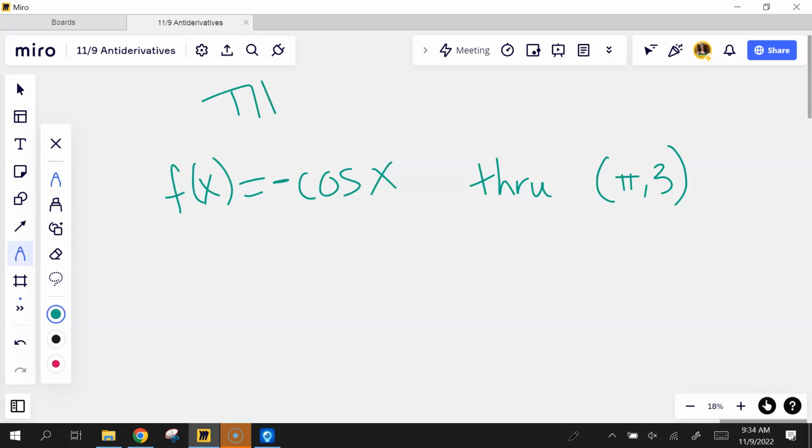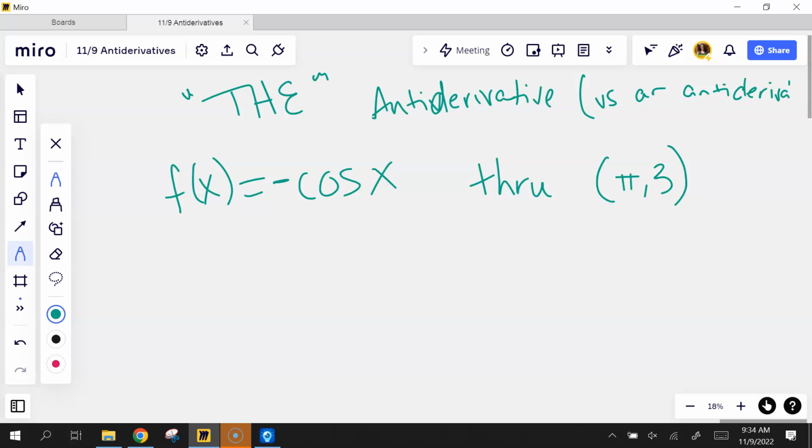This is the antiderivative, as opposed to an antiderivative. So if I'm asked to find the antiderivative here, and this is f prime of x, this time I'm finding f of x. Okay, see the difference? See how I'm using that notation?